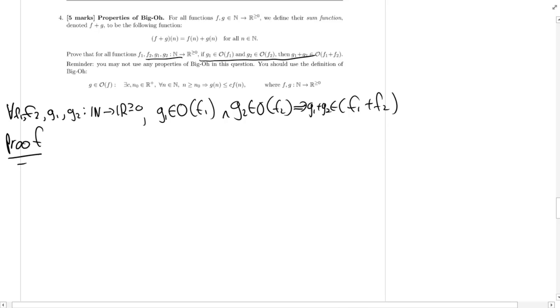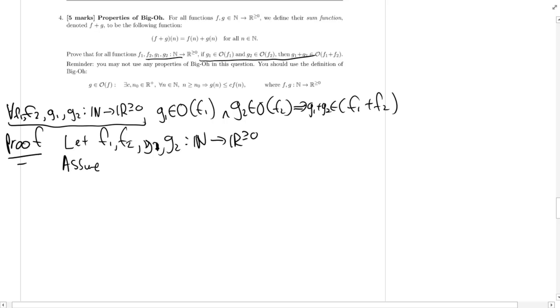Okay, so first part, let's take care of this. Let F1, F2, G1, G2 be functions from natural numbers to real numbers that are 0 or positive. And let's assume, okay, so this is the important part here.